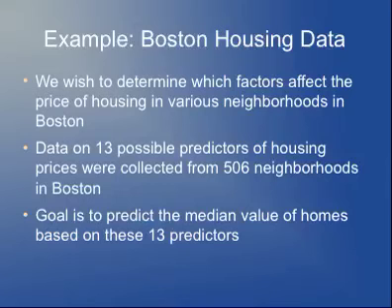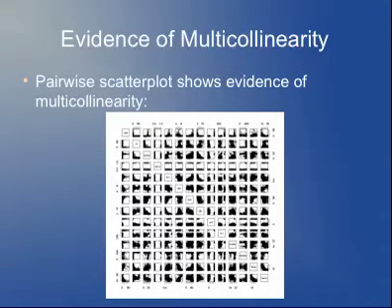Here's a pairwise scatter plot of the Boston housing data, and even on my screen I can't really read the names of the variables. But you look at this and there's some pretty clear evidence of multicollinearity. See, like right there, pretty obvious that as one variable increases, another increases. There's a pretty strong one down in that corner.